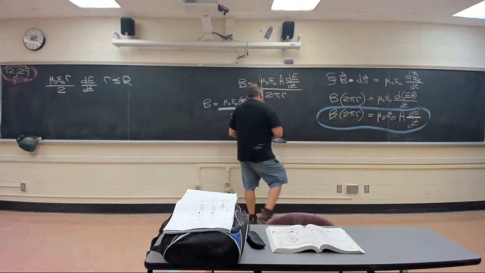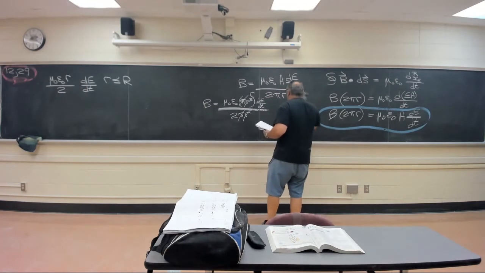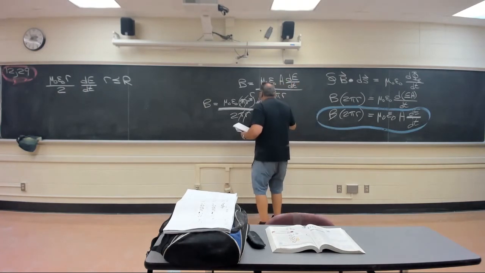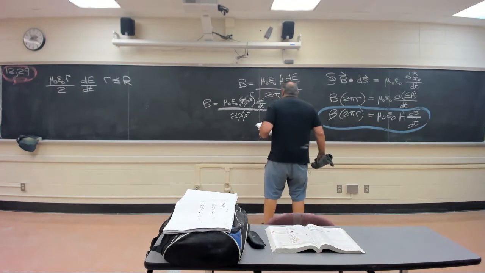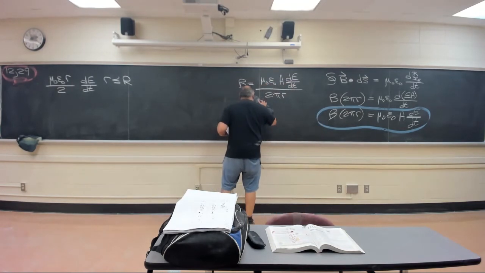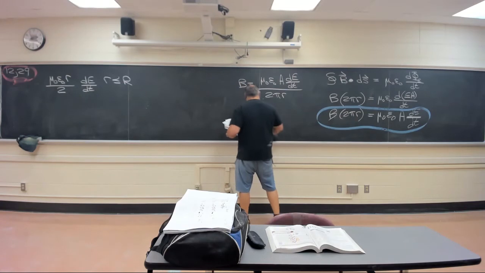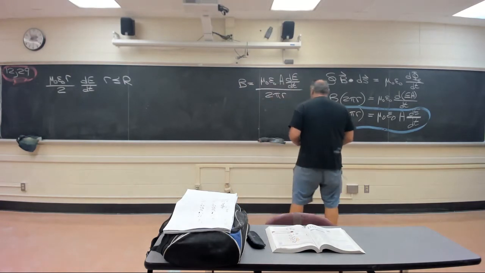The other scenario is when R exceeds the area. Well, the flux, nothing's going on the outside of that, so the flux cannot exceed something associated with the maximum area that's allowed.